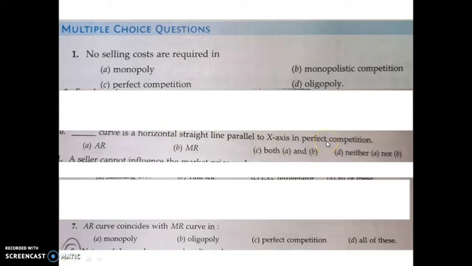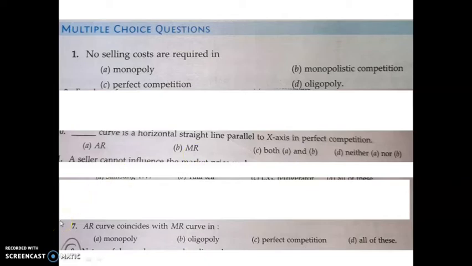We know that in perfect competition AR, MR and demand are the same. A. AR, B. MR, C. both A and B, D. neither A nor B. The correct answer is C, both A and B: the AR and MR curves are horizontal straight lines parallel to the x-axis in perfect competition.